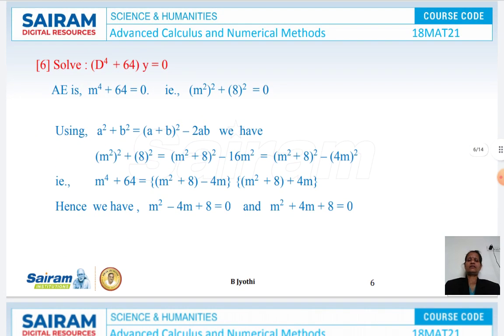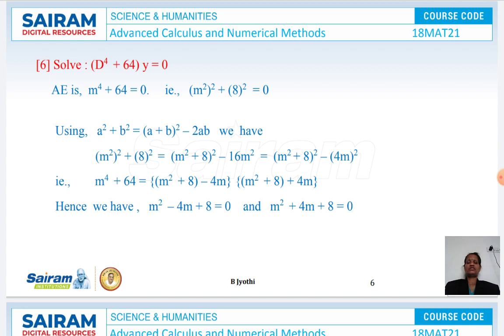Next example. D^4 + 64 of y is equal to 0. So, we know that a^2 + b^2 = (a + b)^2 - 2ab. We have (m^2)^2 + 8^2. That is (m^2 + 8)^2 - 16m^2.